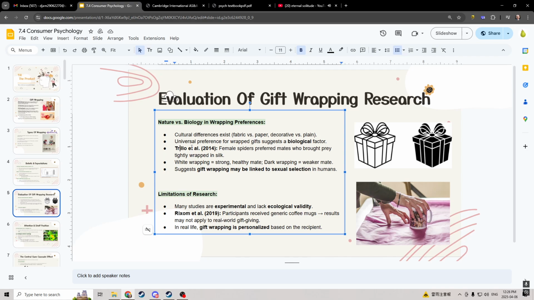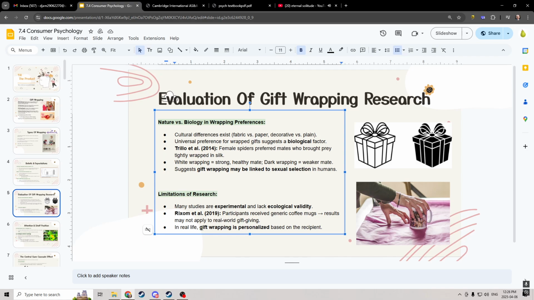Limitation of research. A lot of the studies for gift wrapping are experimental and they lack ecological validity. Participants receive generic coffee mugs. Results may not apply to real world gifting.